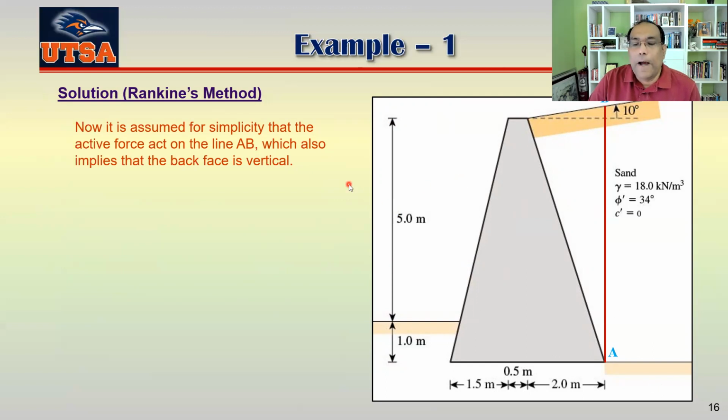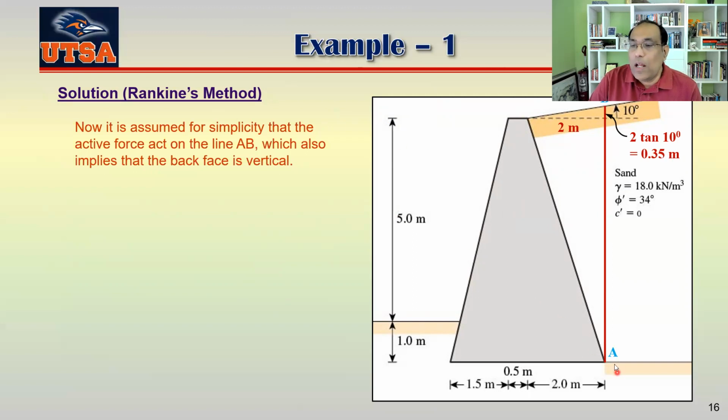Now we see that from here to here is 2 meters, because from here to here is 2 meters, right? And we know this angle, so we can find out what that height is here. So that's what we try to see. This is tan 10 degrees, which is 0.35.